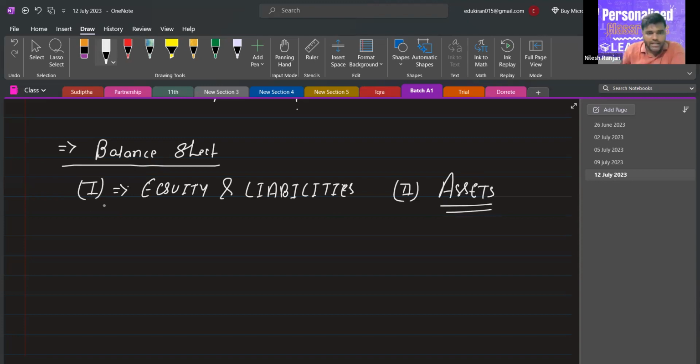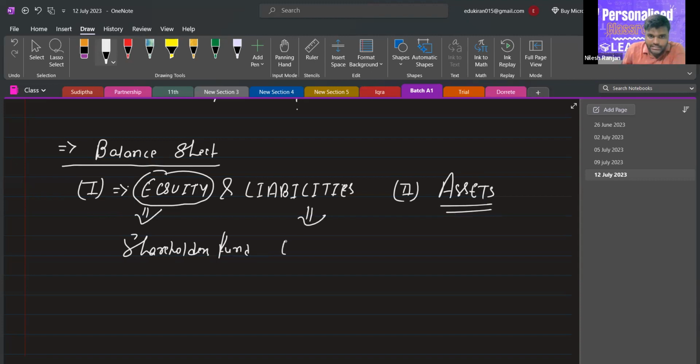Now, equity and liabilities, what is it? In this, we write equity, which is also called shareholders' funds, and liabilities, which are external liabilities.